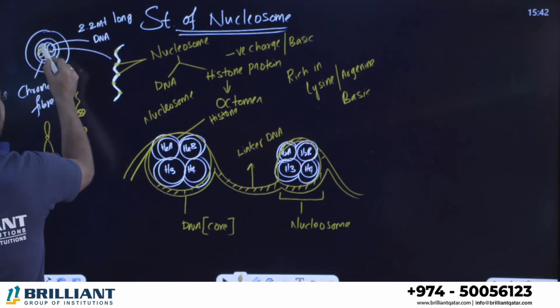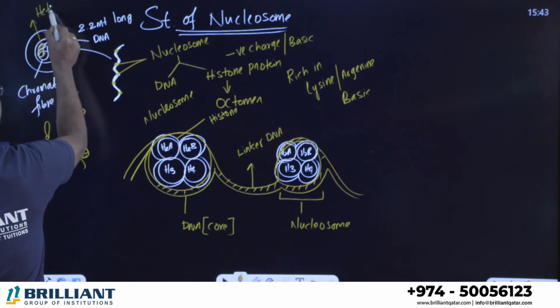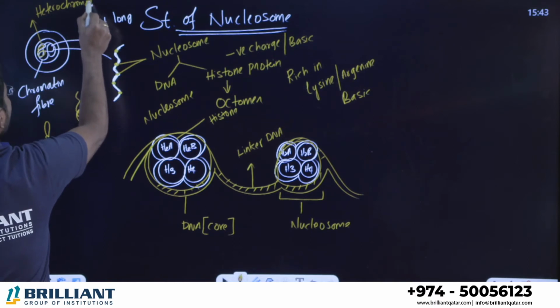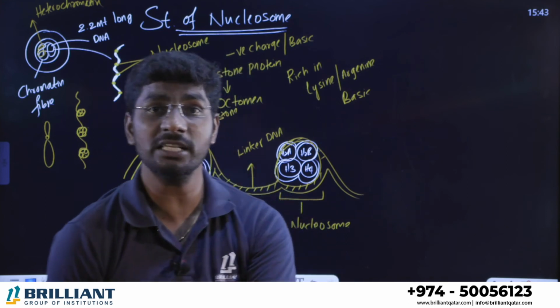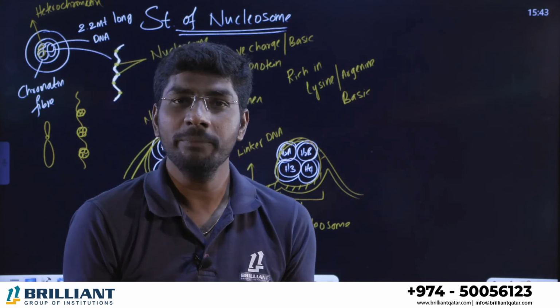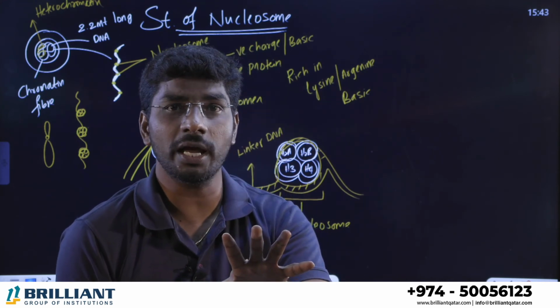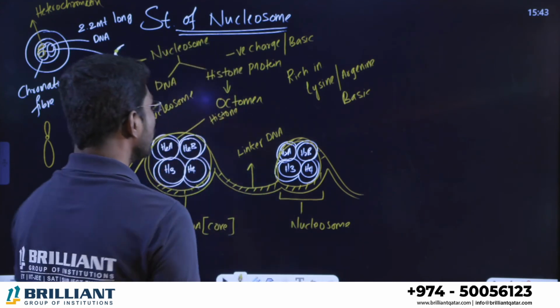So that DNA we can say is heterochromatin. Remember, heterochromatin is that DNA part which is transcription-wise less active or inactive, we can say. Okay, so the DNA inside the nucleus which is lightly stained and loosely packed, that DNA we can say is euchromatin.